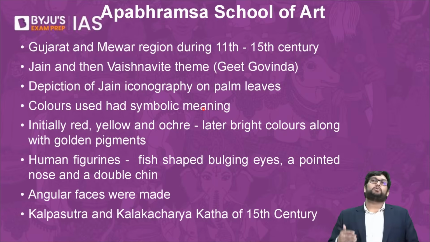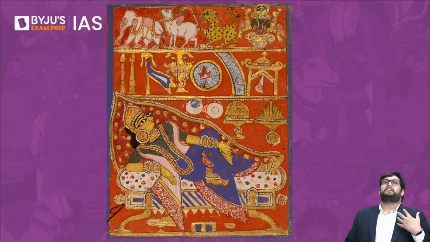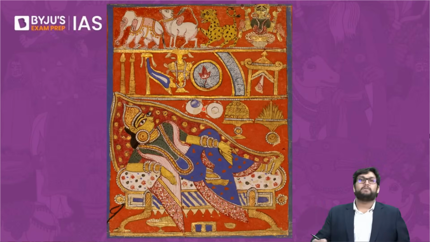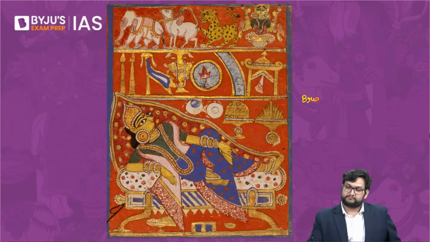What we see is that they are known to revive a lot of the things which we see maybe in Lepakshi, but they will change the theme totally. Now you will see bright colors, the use of gold color.